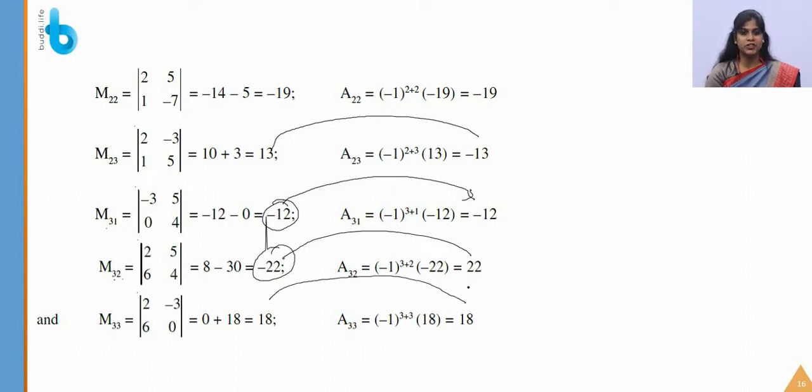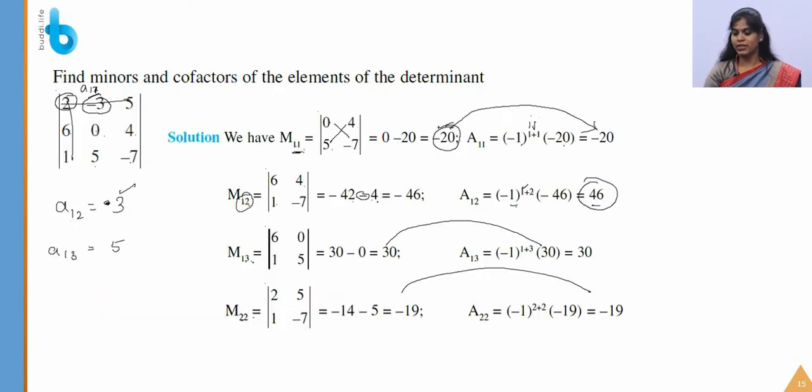So if it is even power, don't change the sign. If it is odd power, change the sign for the cofactor. I hope you understand. Hence, we have got the minors and the cofactors for all the elements.